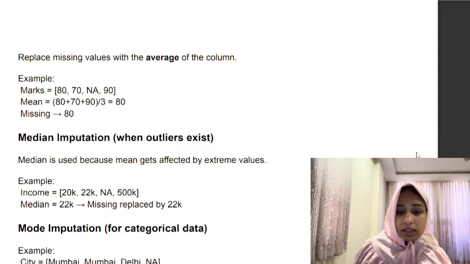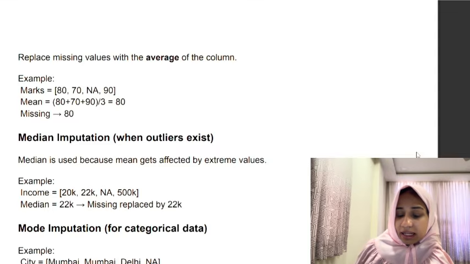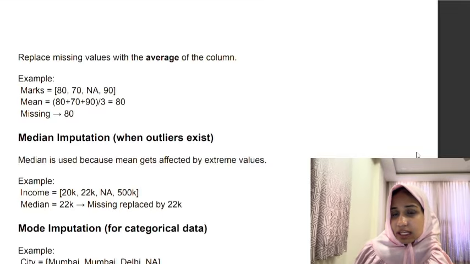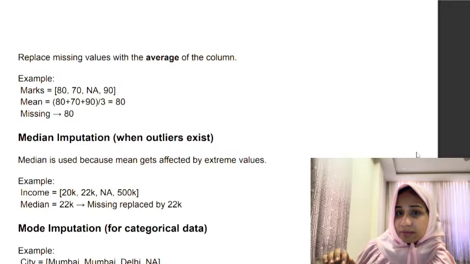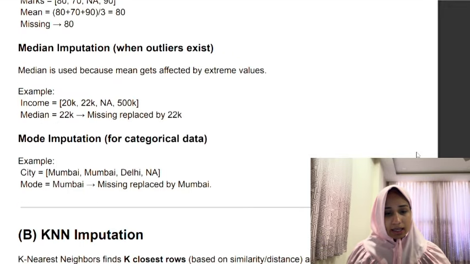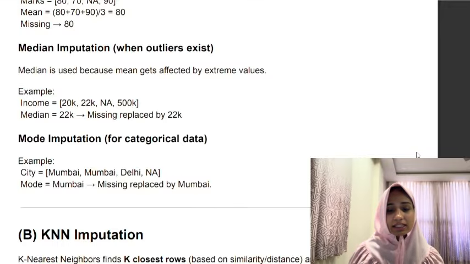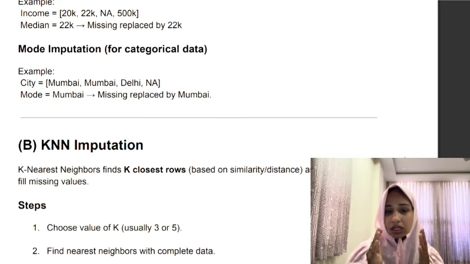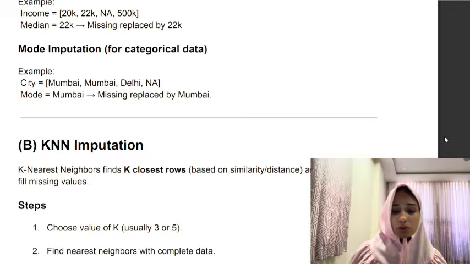Now median: we use the median because the mean gets affected by extreme values. And mode means the most occurred value, so we fill it with the mode.